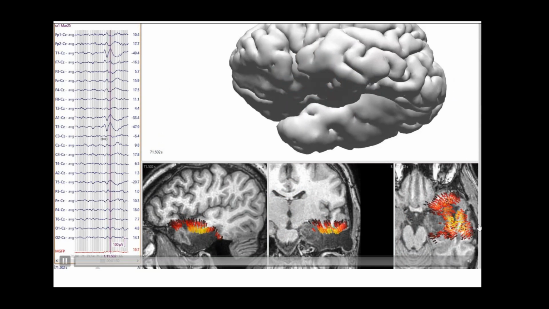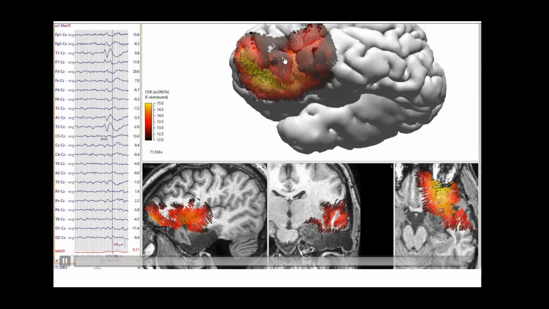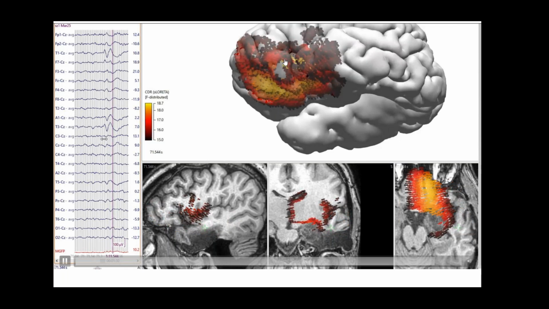So you can see how much of the cortex is being recruited, eventually spreading to the orbitofrontal cortex. With this technique, you could potentially detect the areas that are firing at the beginning of the spike and how this cortical activity recruits neighboring cortex to make a larger spike and larger activity.